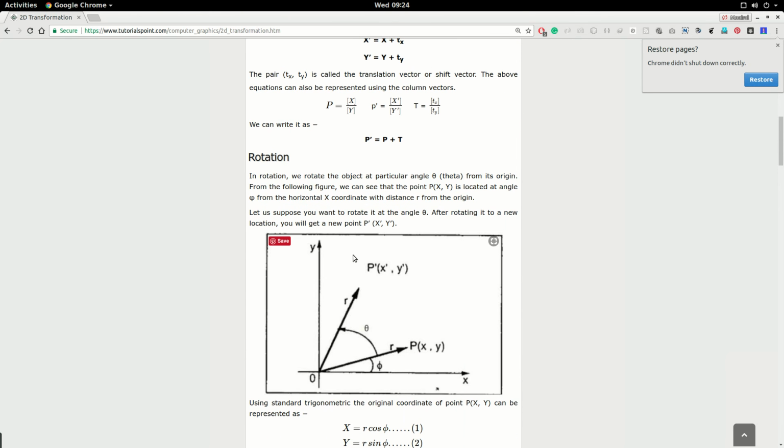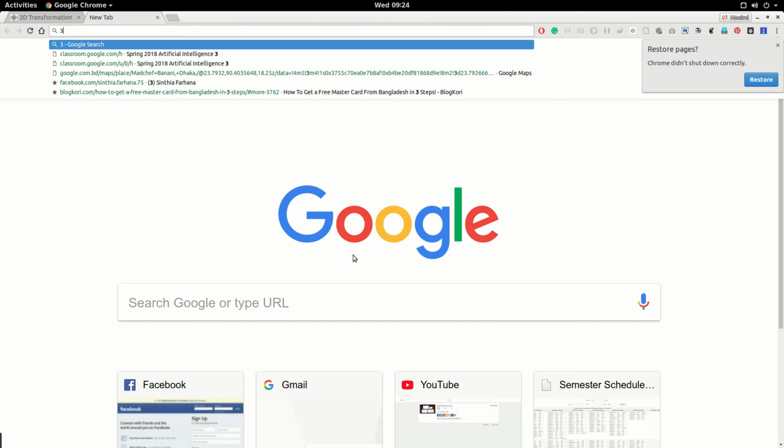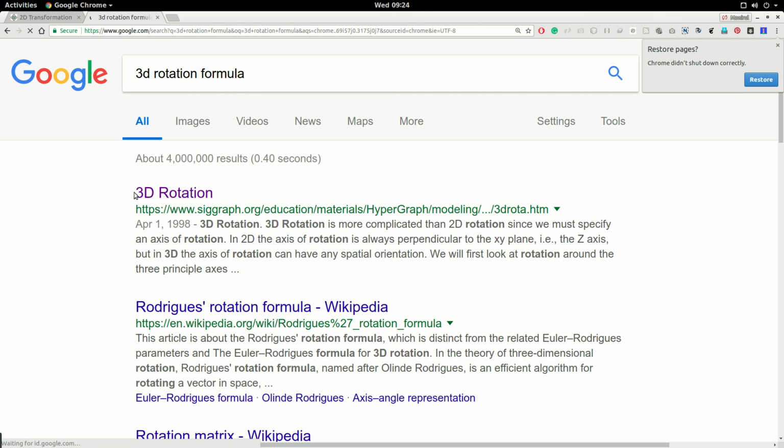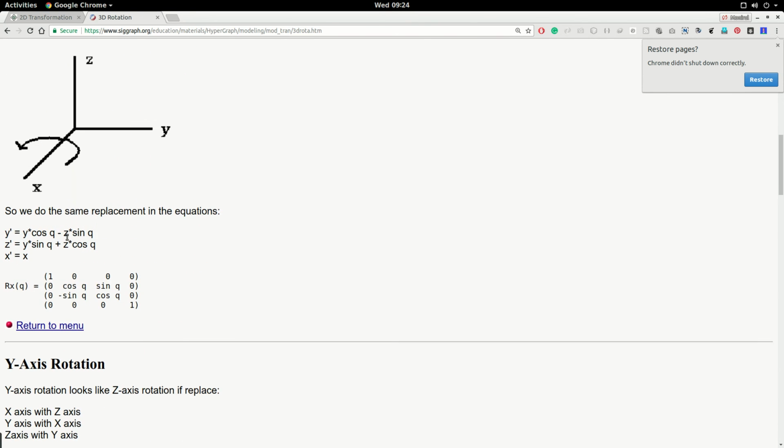Let's see if I can find the formula over here. 3D rotation formula. Yeah. See, for the x rotation, this is the formula. I mean, it's written in terms of q, not theta. But it's the same thing, doesn't really make any difference. This is y cos q minus z sin q, y sin q plus z cos q.